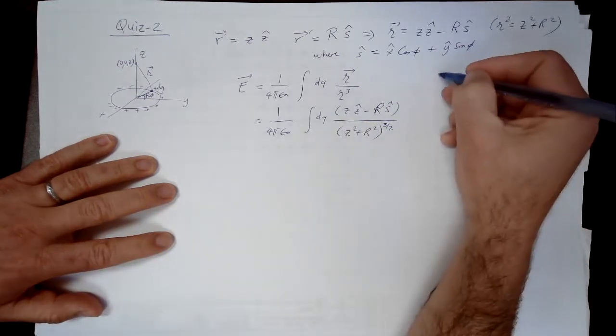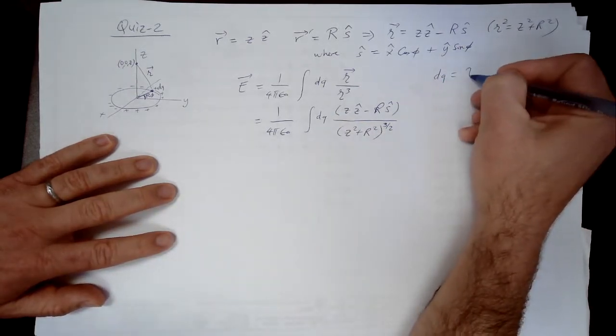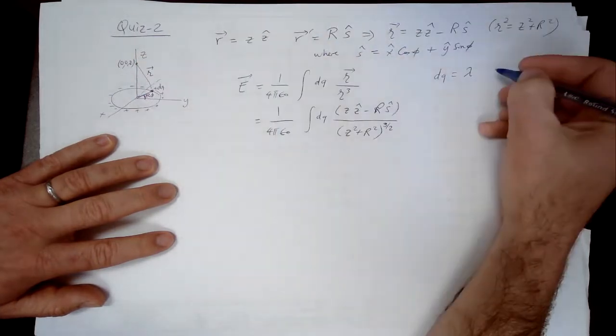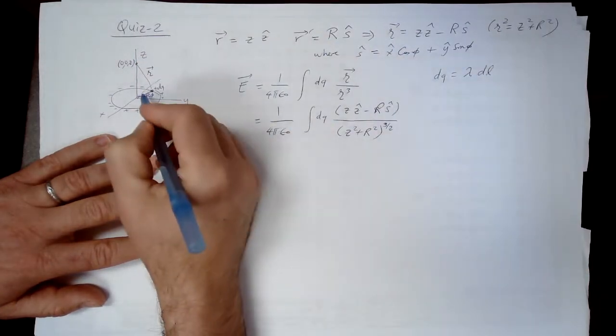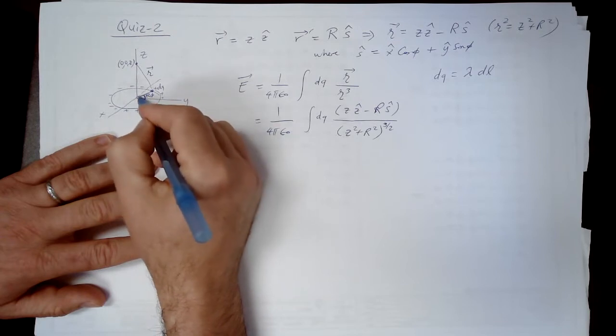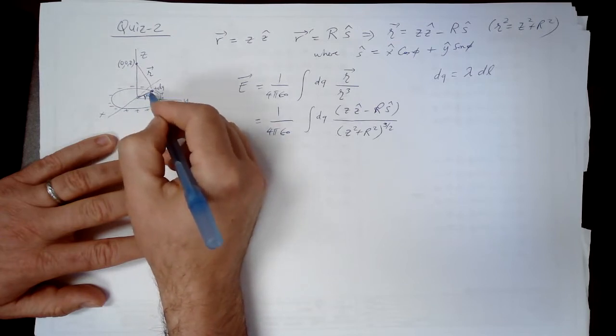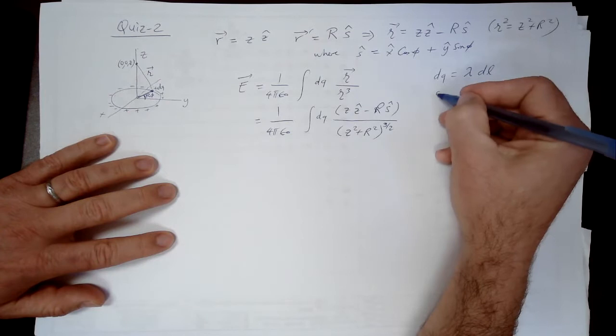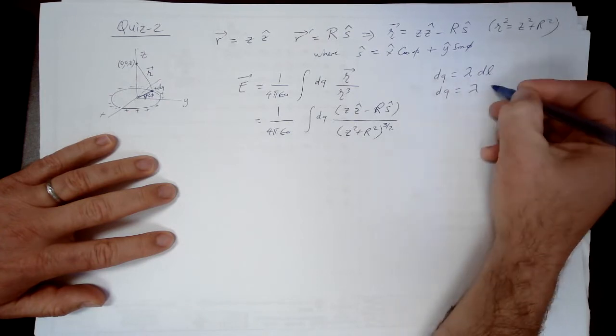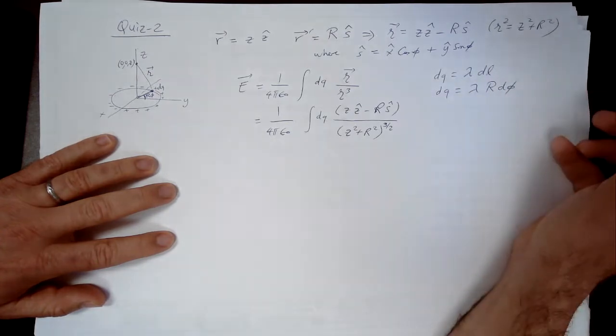Now, what is dq? Well, dq is lambda dl. In this case, dl, since it's going around the circle, is R d phi, that's the tiny little arc. So I can write dq as lambda R d phi.